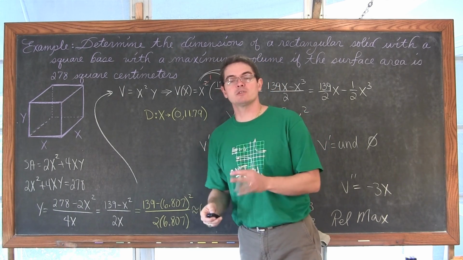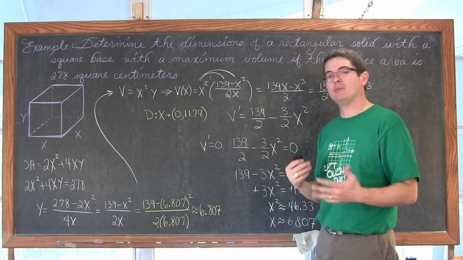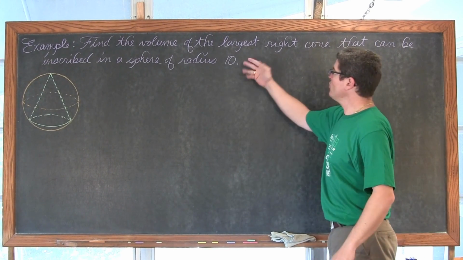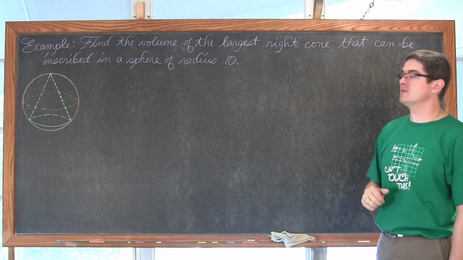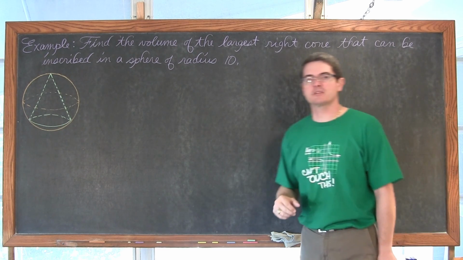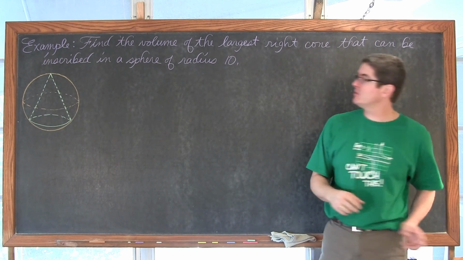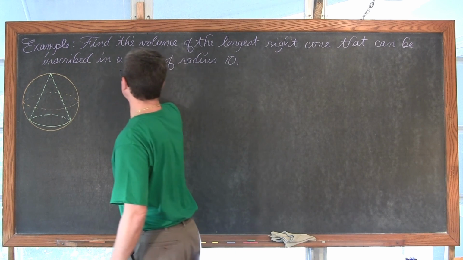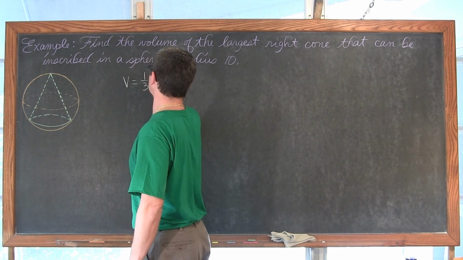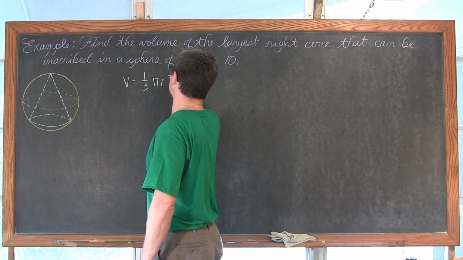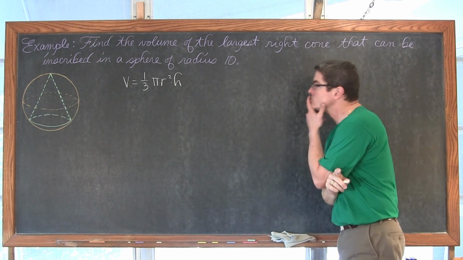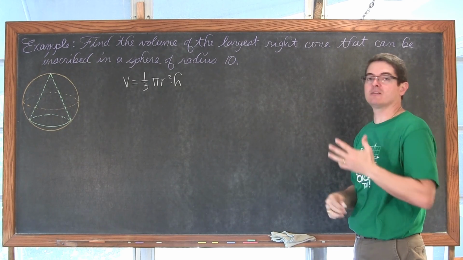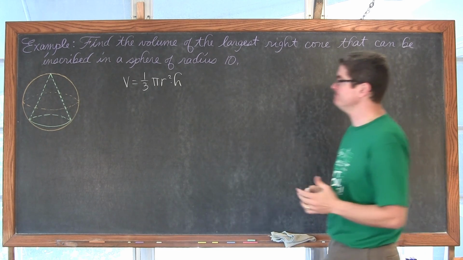Now let's take a look at some questions that maybe we couldn't just have thought of at the very beginning. Find the volume of the largest right cone that can be inscribed in a sphere of radius 10. Okay, so we want to maximize the volume of a cone. Well, our primary equation is going to be the volume of a cone, 1/3 pi r squared times the height. Great. Obviously we're going to have to use the fact that the sphere has a radius of 10.